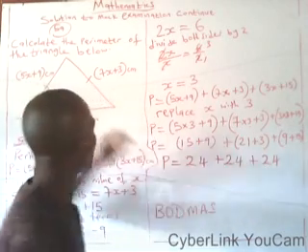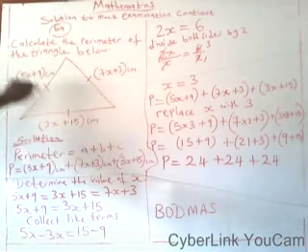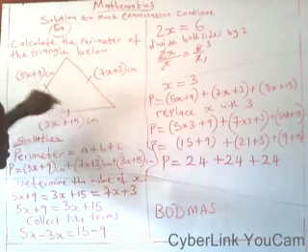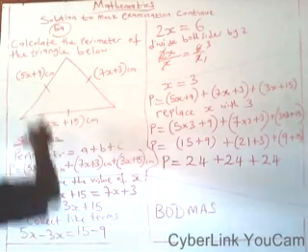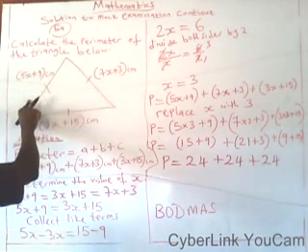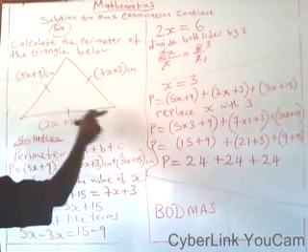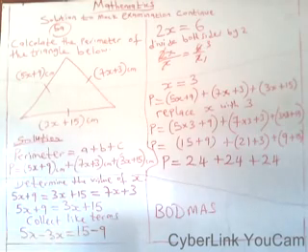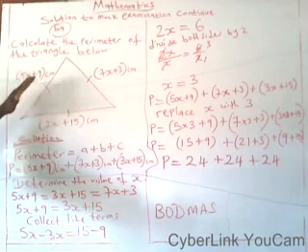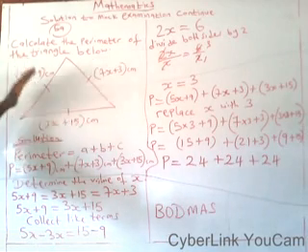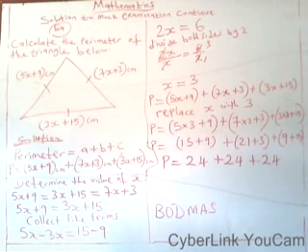It is because from the question it has been indicated that all the 3 sides are equal, which simply means that if this place is 100 centimeters, automatically this place must also be 100 centimeters, while this place must also be 100 centimeters. So anything that we arrive at for one side is definitely going to be the same for the other sides.